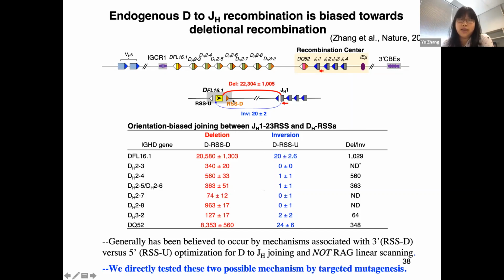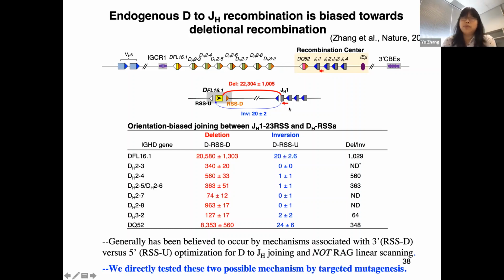Although if you look at the D segment itself that is flanked by 2 RSSs, both deletional joining caused by the downstream convergent RSS with J's, or inversional joining caused by the upstream RSS that is in the same orientation as J's, should theoretically occur at the same frequency because they both follow the 12/23 rule.